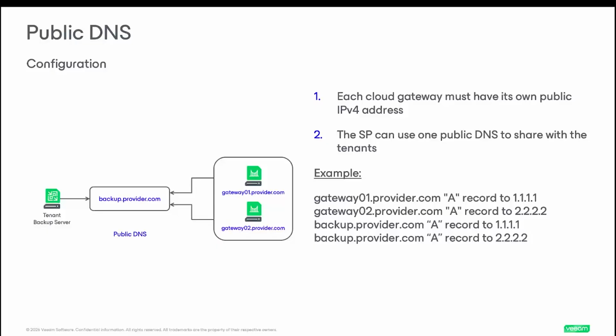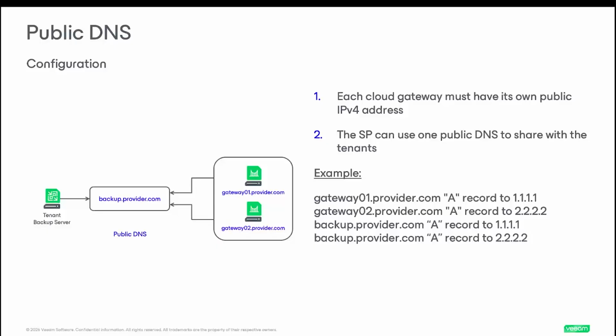These names must then be configured in the DNS, so that gateway 01 resolves to 1.1.1.1, gateway 02 resolves to 2.2.2.2, and then also the public DNS shared name must resolve to each of the IPs of the gateways.